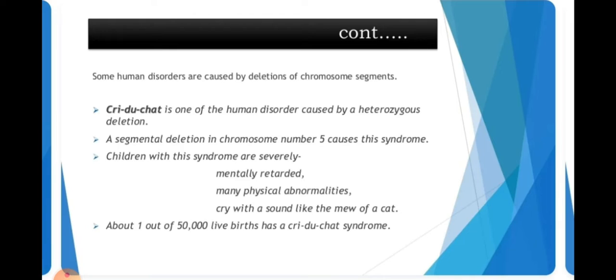With the deleted segment of the chromosome, these children show symptoms and are mentally retarded, so they can't function properly with their brain. Many physical abnormalities occur in these children.